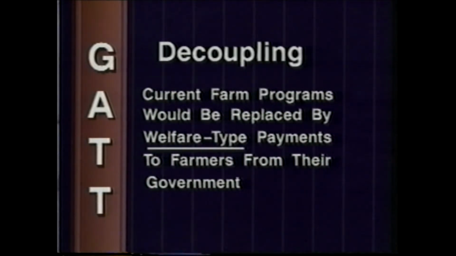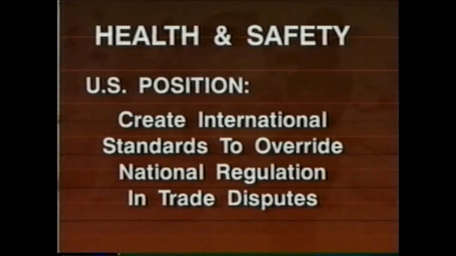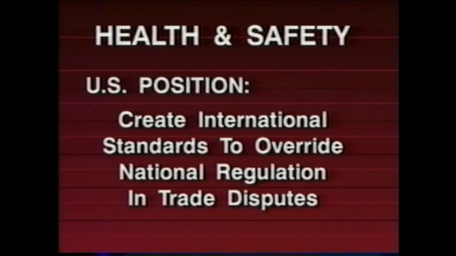After a few years, these would be eliminated. A number of third world countries have strongly objected to decoupling. They argue that only rich countries could afford it and that it would drive world prices even lower by causing huge surpluses.